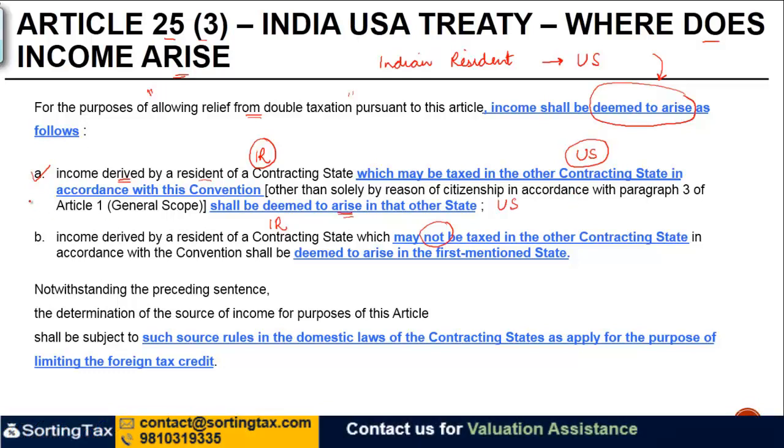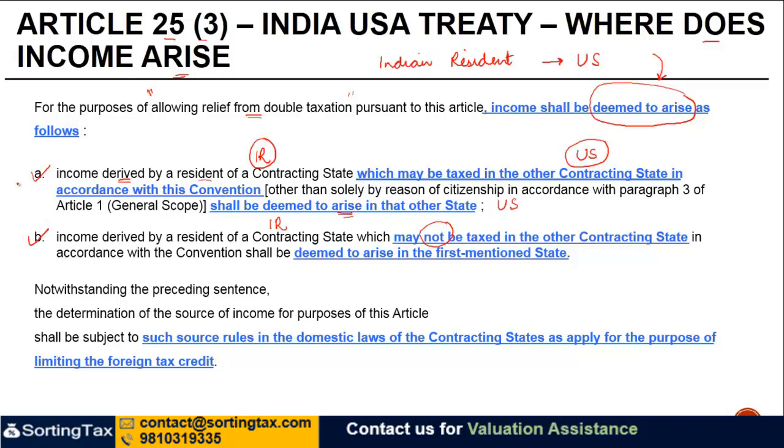So if you actually see, these two provisions are very simple. If an income may be taxed in the US, it shall be deemed to be arising in the US. If it is not taxable in the US as per the treaty provision, it will be deemed to be arising in India. But there are exceptions.